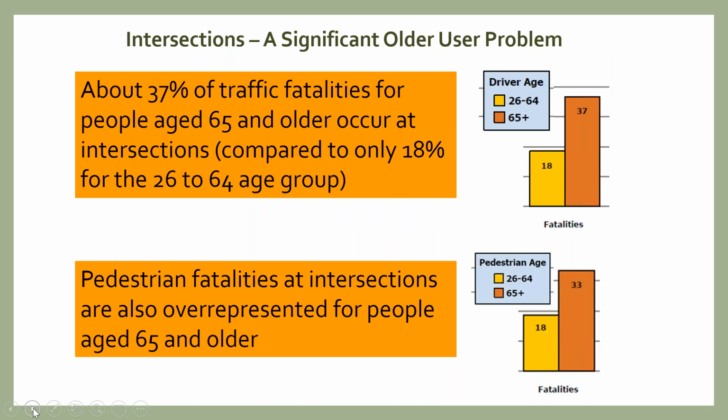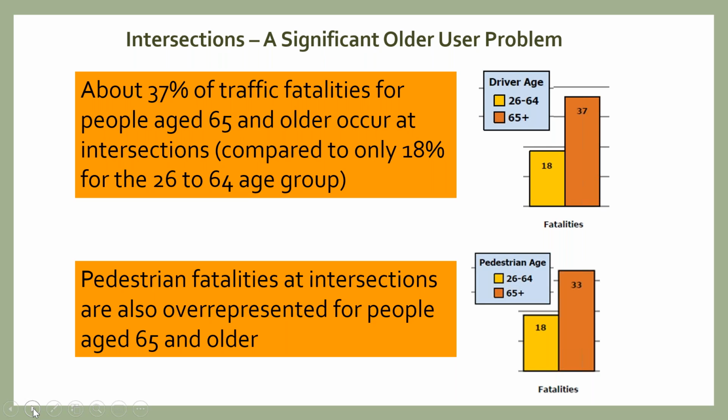About 37% of traffic fatalities for people age 65 and older occur at intersections, compared to only 18% for the 26 to 64 age group. Part of this is because intersection crashes can be higher severity.